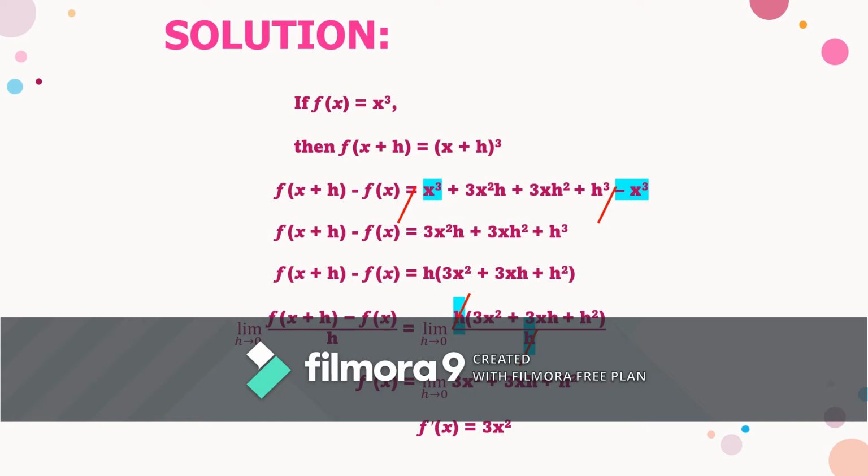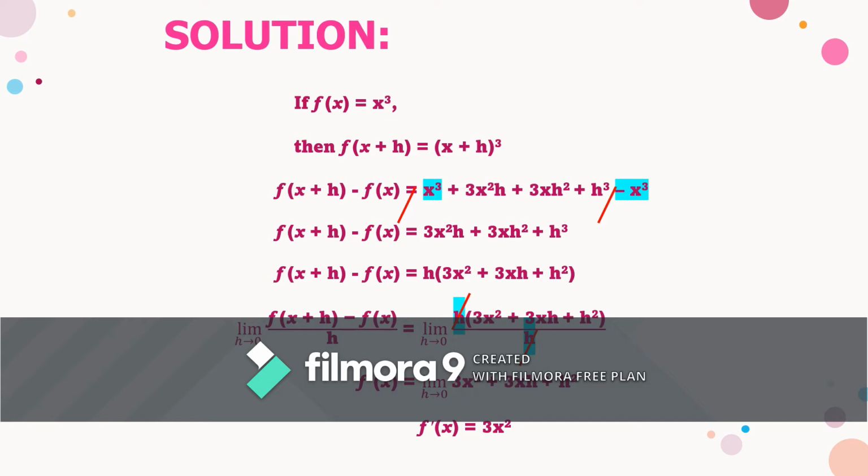And when the binomial is raised to the third power, the numerical coefficients are 1, 3, 3, 1. That's why we have here x cubed plus 3x squared h plus 3x h squared plus h cubed. Observe that the numerical coefficients are 1, 3, 3, 1.